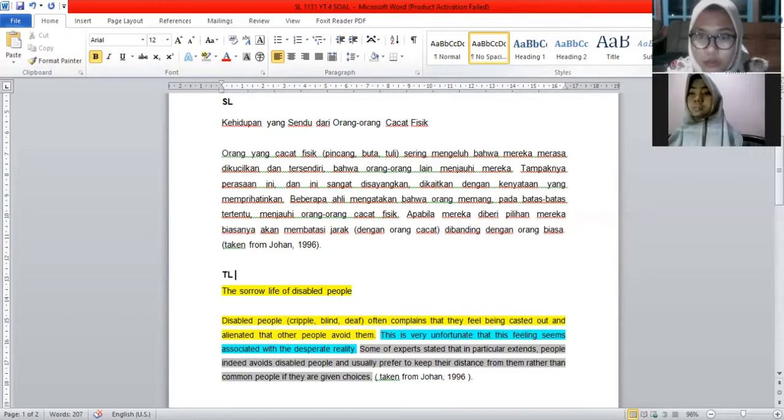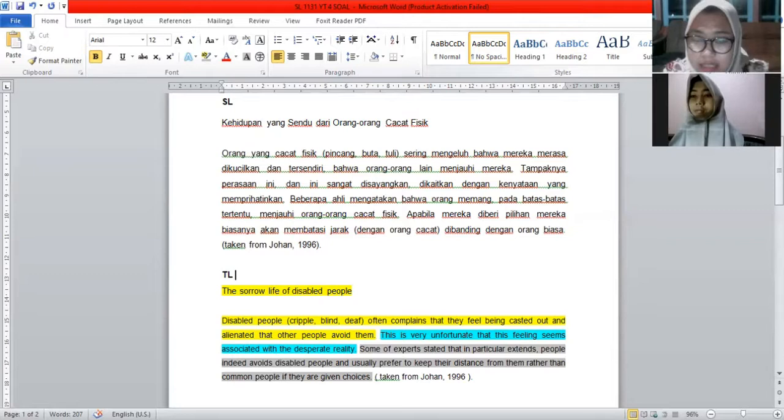Often complains, "sering mengeluh," that they feel being cast out and alienated, "bahwa mereka merasa dikucilkan dan tersendiri," that other people avoid them, "bahwa orang-orang lain menjauhi mereka." So it means that literal translations seem like they copy the structure of the source language.